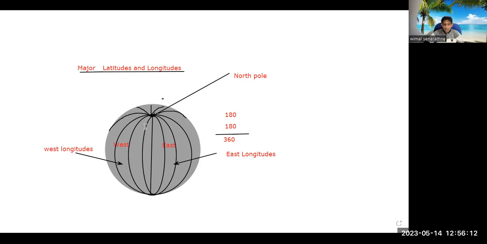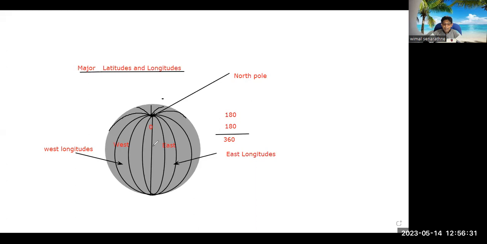The degree value of it is 0 degrees. අංශක බිංදුවේ රේඛාව හරිනේ. ඒකට අපි කියනවා Greenwich Prime Meridian කියලා. එහෙනම් from Greenwich line there are longitudes.